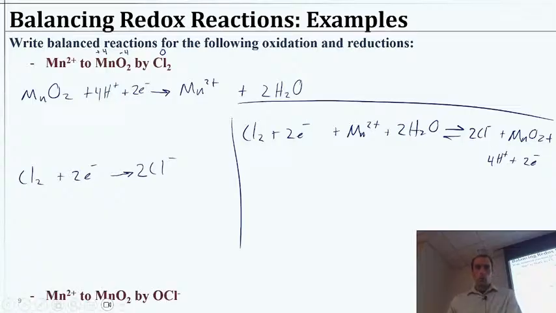So with all of that, the 2 electrons should cancel. Verify that. We're good. We can also double check to make sure everything else is balanced.